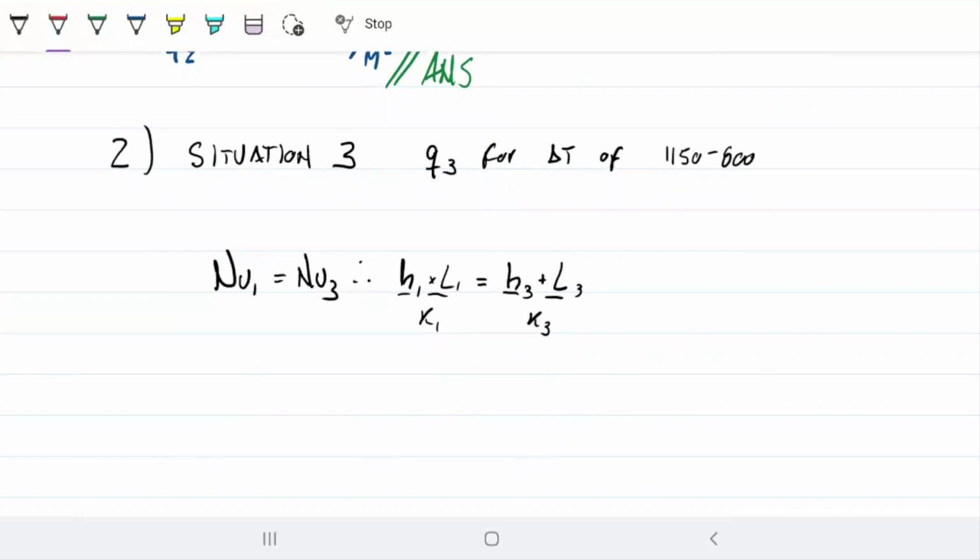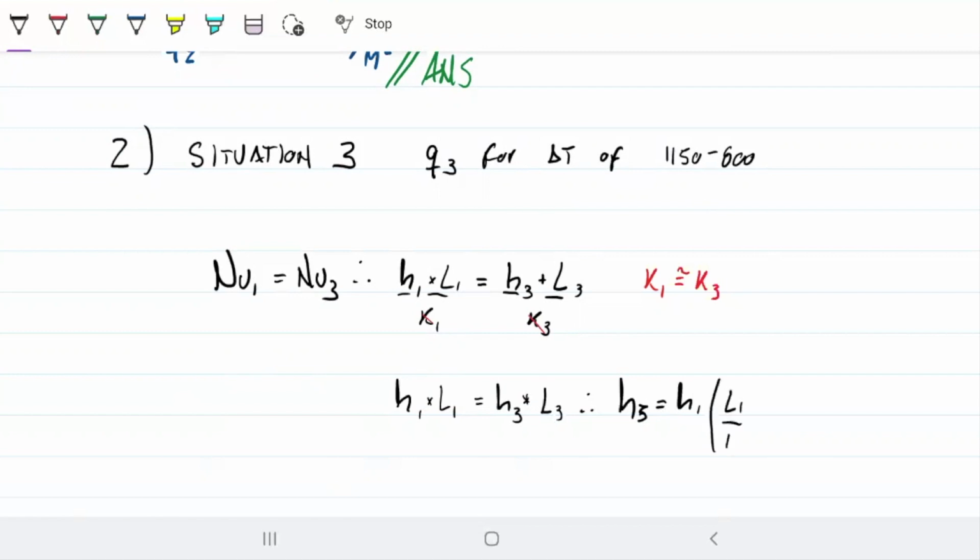Right, so similar, so because they're similar, my K3 and my K1 will be approximately equal. And if they're approximately equal, then this means that my H1 times my L1 equals my H3 times my L3, which means that my H3 equals my H1 times L1 divided by L3.